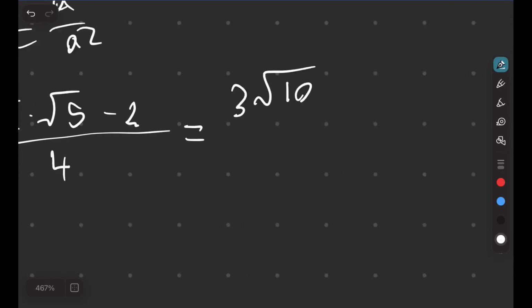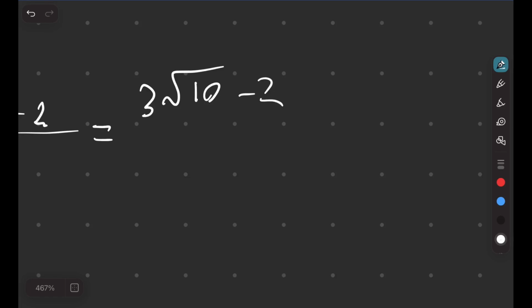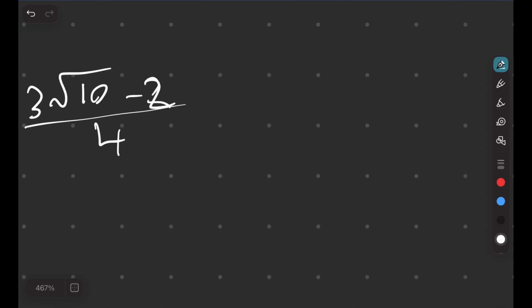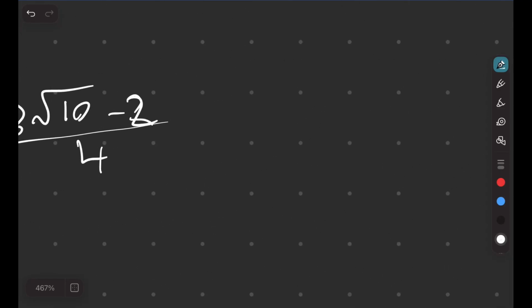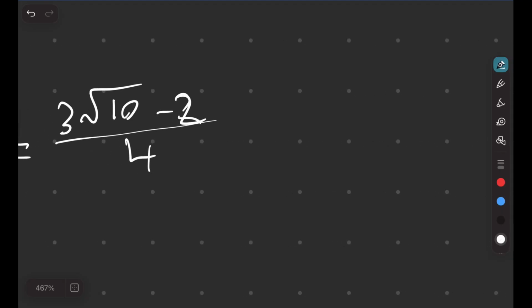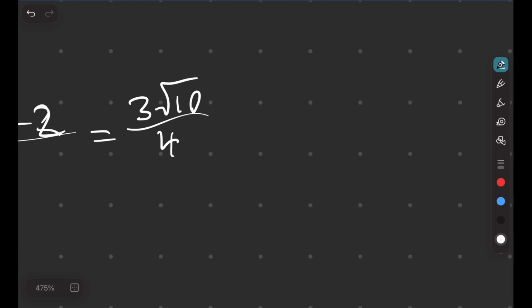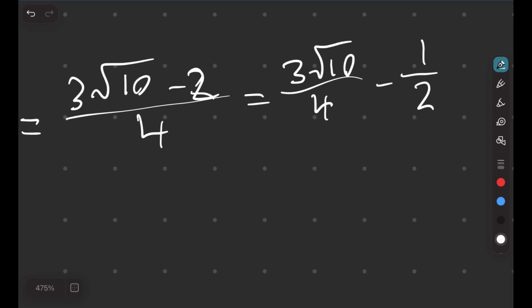So we're just going to write it as 3 root 10 minus 2 over 4. And depending on your teacher, they may want you to put this in mixed fraction form. Mine didn't. Typically you don't need to, but I'll show you what that looks like. It would be 3 root 10 over 4 minus 1 over 2. And that would be it for this one.